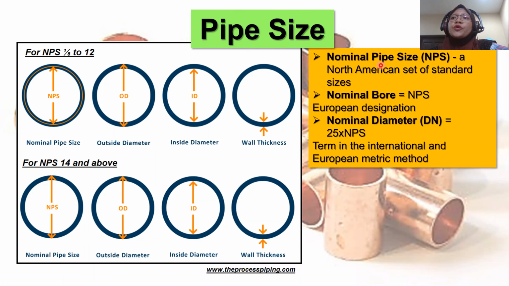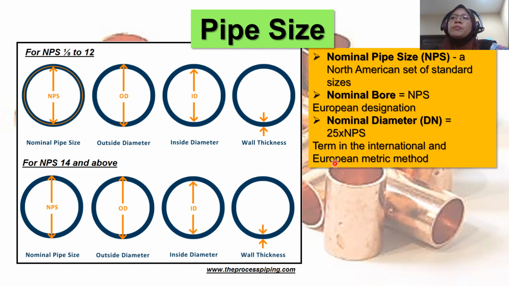NPS stands for nominal pipe size, which is a North American set of standard sizes defining the diameter of the pipe. Nominal bore has the same value as NPS, and this is the terminology for the European designation.